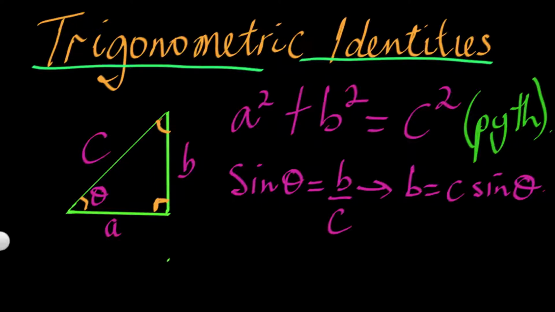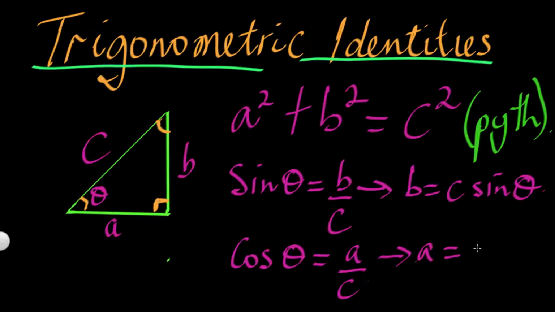I can also say cos of theta, the cosine of theta is equal to A over C. From here, I can say therefore A is equal to C cos theta.